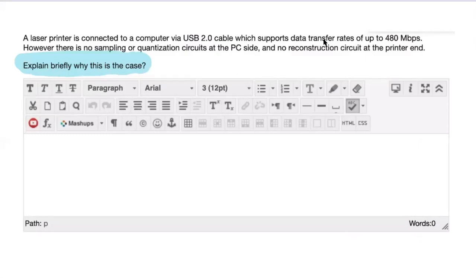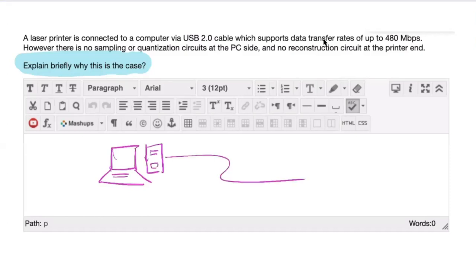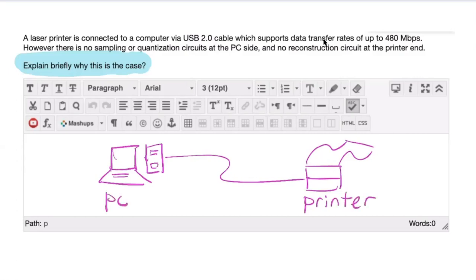What's being described is someone with a computer, and the computer is connected to a printer. And the question is, how come there's no sampling or quantization and no reconstruction?